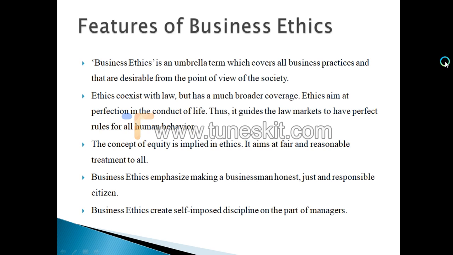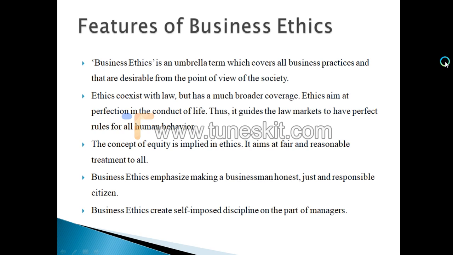These are the stepping stones through which you can achieve your ethical values of life. Thus it guides the law makers to have perfect rules for all human behavior. On one side there is ethics, and on the other there is law, and they go hand in hand and play a very crucial role in business practices, in the business sphere.